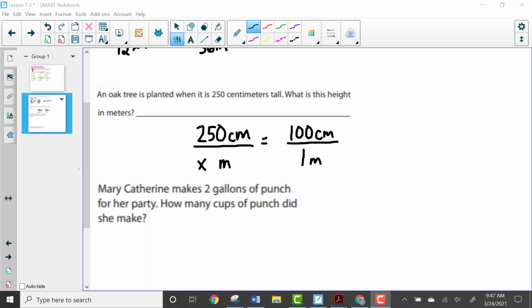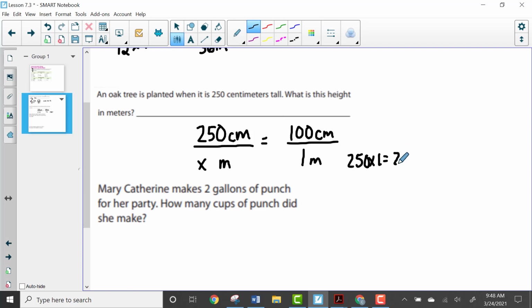Now again, we've set it up as a proportion, and you will need to write this out. It's really important to do that. We have centimeters and centimeters, meters and meters. That is very important. If you were to flip these around and you don't have the correct units across from each other, you'll get the wrong answer. So first thing you need to do, cross multiply 250 times 1. Not too difficult there.